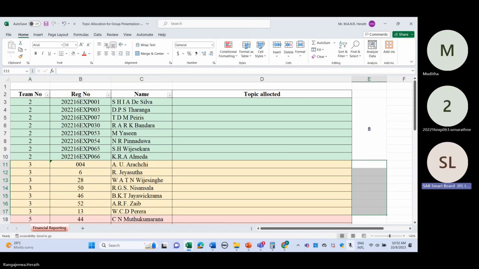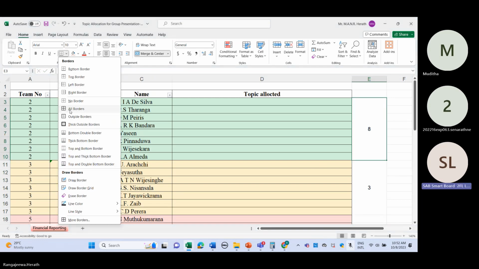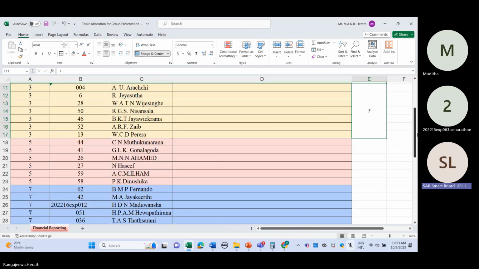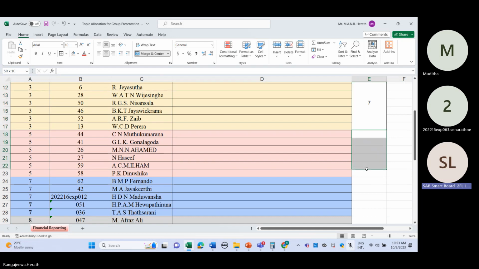Number 3, we have 7 members. And using the same group list you used in financial reporting.